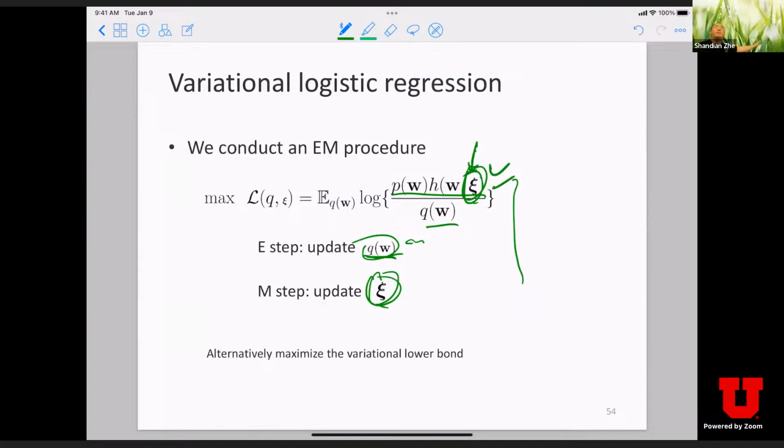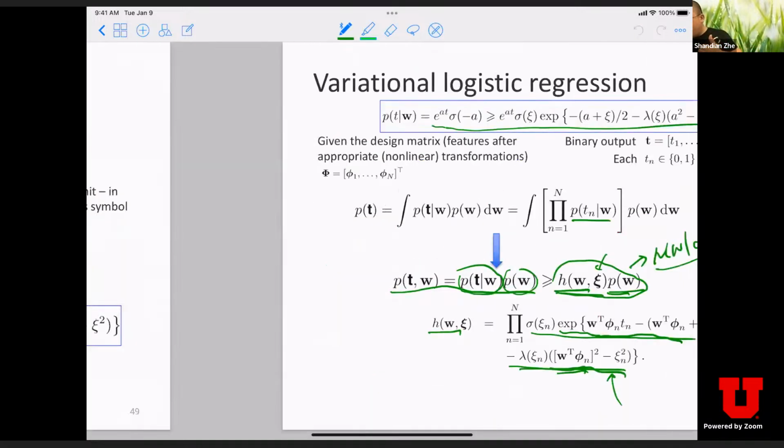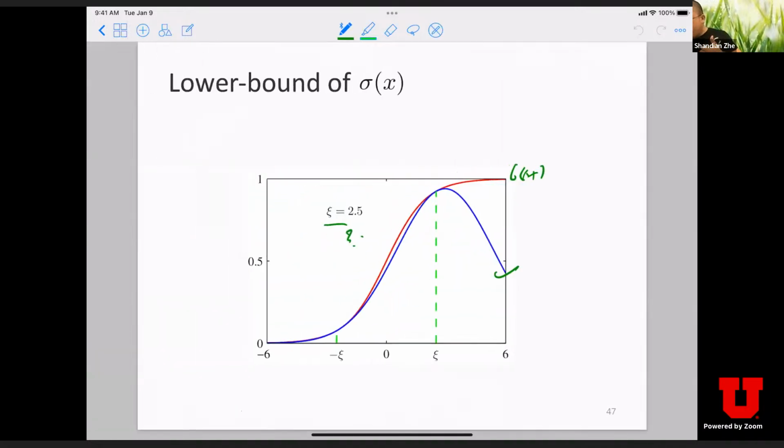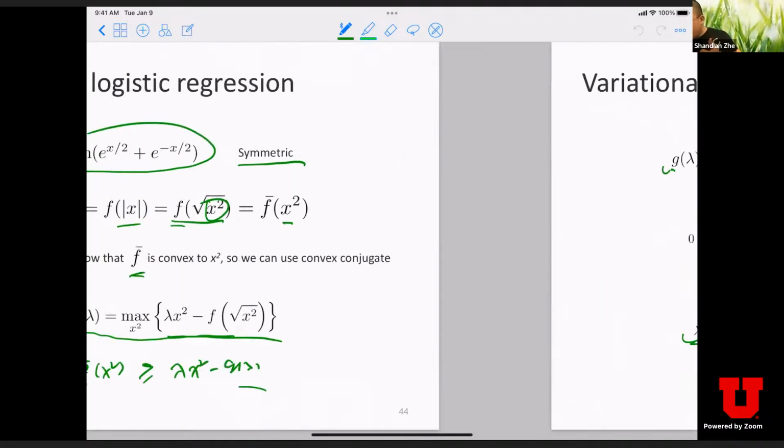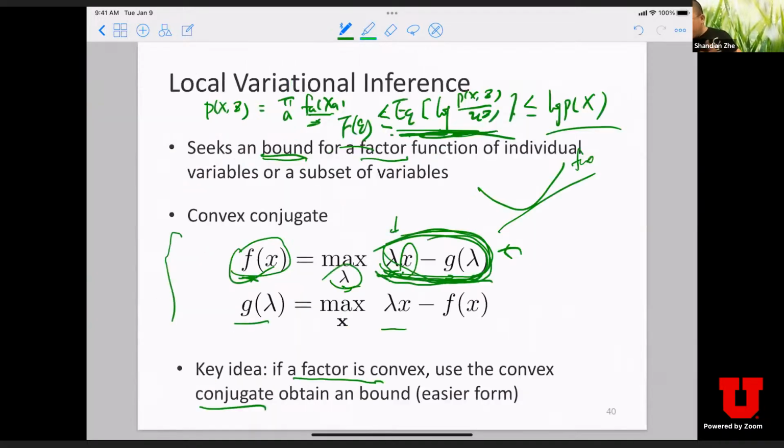Remember our convex conjugate? We know that there will be some particular choice of λ to make your lower bound exactly the same as your original function.